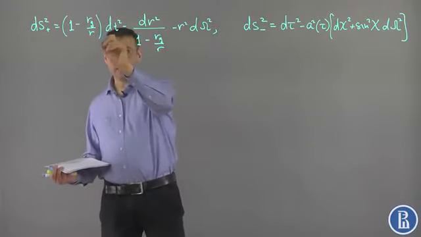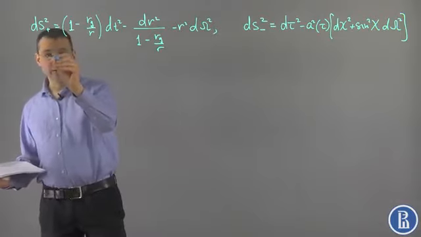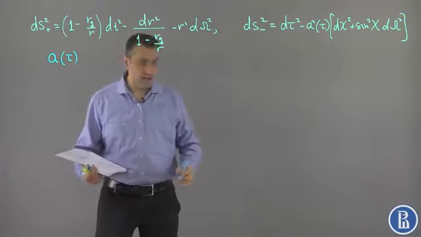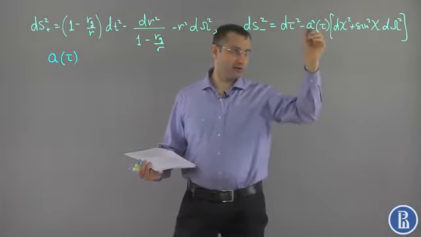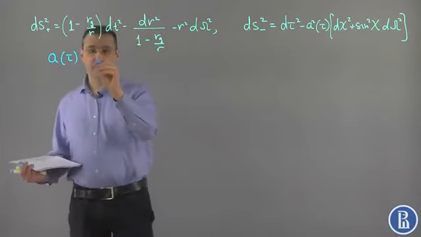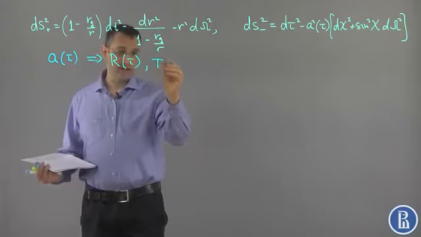By gluing the metric itself, we were able to find a of tau through the parametric relation, by solving Einstein equations here. By gluing this to this, we can find r of tau and t of tau.